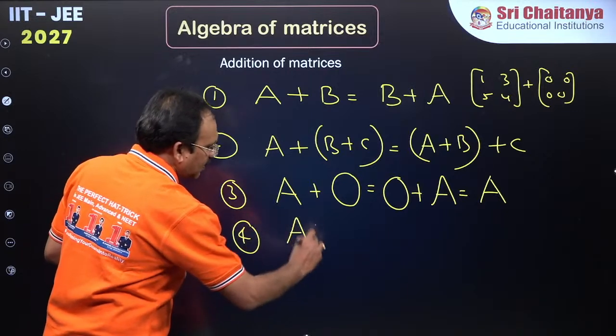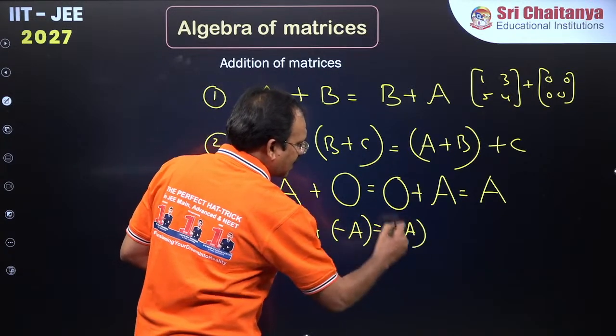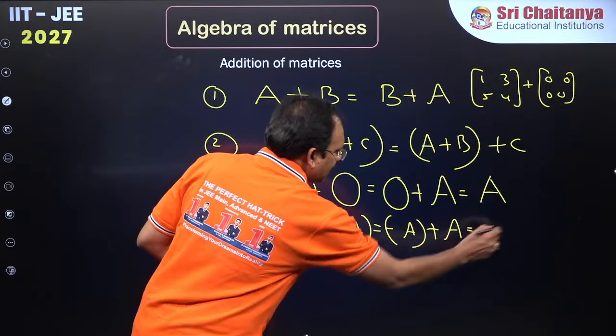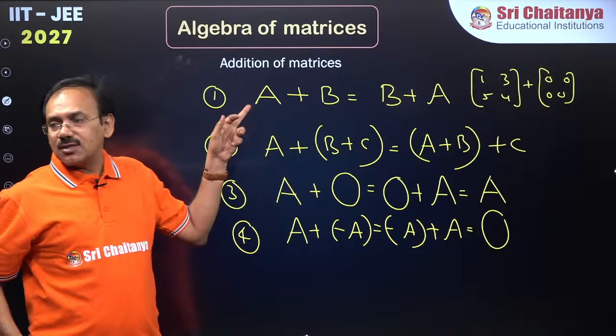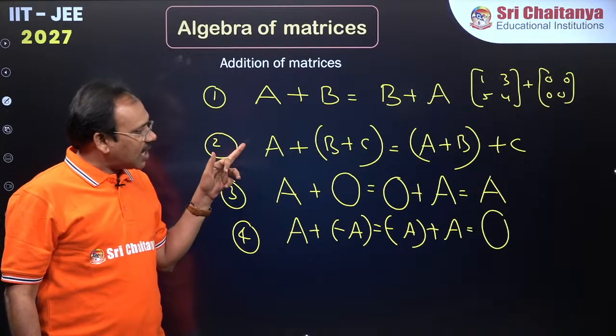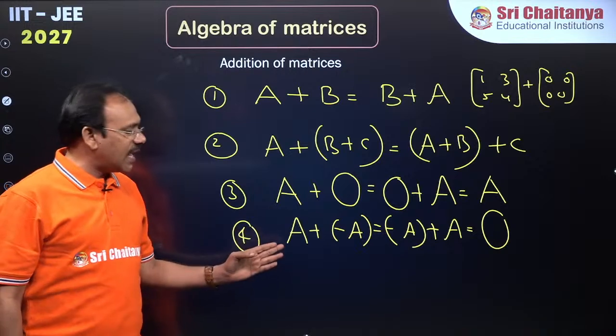Another point: if you add A plus minus A, or minus A plus A, you will get the null matrix. In 6th class you might have learned this property is called the commutative law, this is the associative law, this is existence of identity, this is additive inverse.